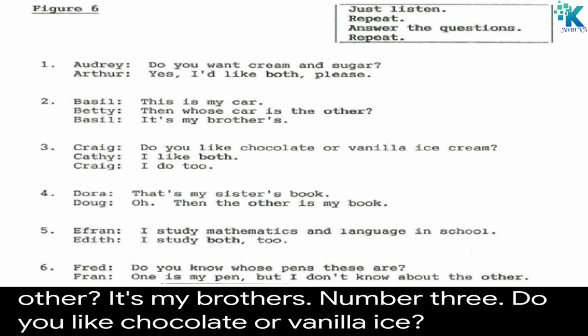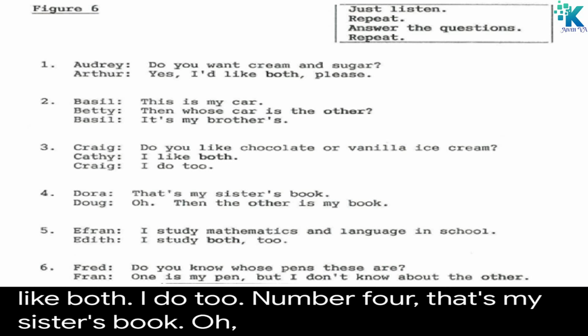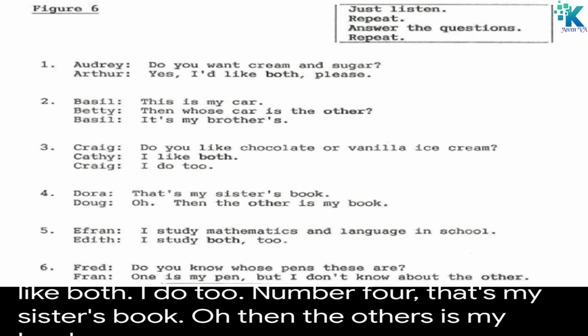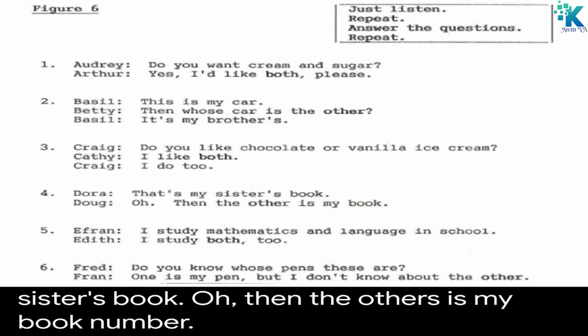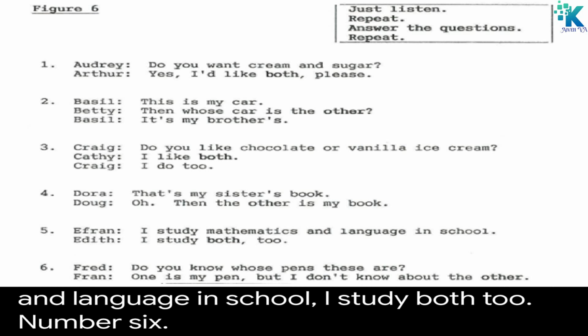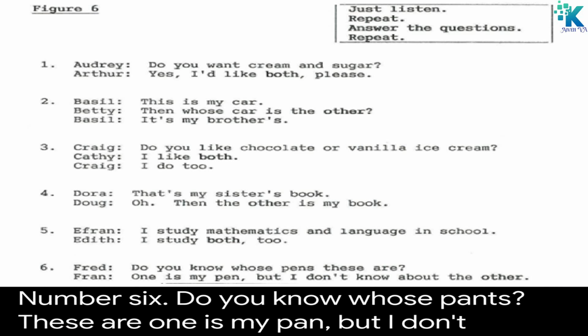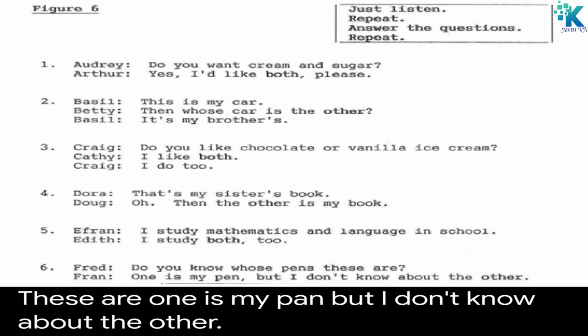Do you like chocolate or vanilla ice cream? I like both. I do too. Number 4. That's my sister's book. Oh, then the other is my book. Number 5. I study mathematics and language in school. I study both too. Number 6. Do you know whose pens these are? One is my pen, but I don't know about the other.